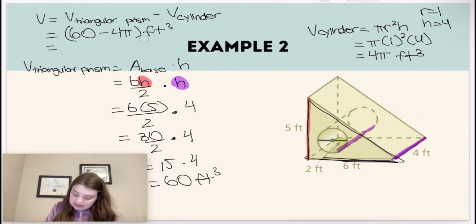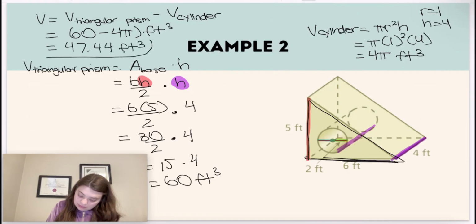Whereas, let's say they say something like round to 2 decimal places or round to 3 decimal places, something like that. In that case, what I'm going to do with my calculator, I'm going to type in 3.14 for pi. So 60 minus 4 times 3.14, or you can use a pi button, that works too, equals, and I'm getting 47.44 cubic feet approximately.